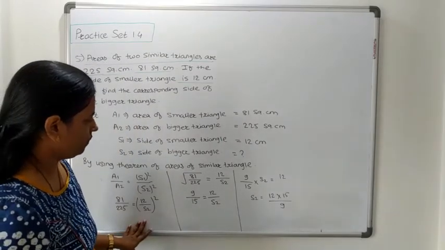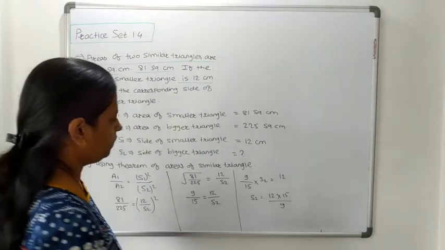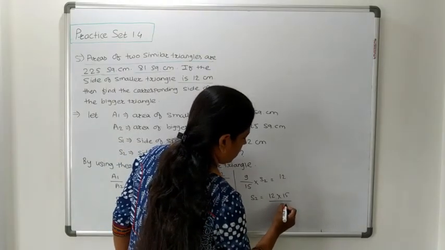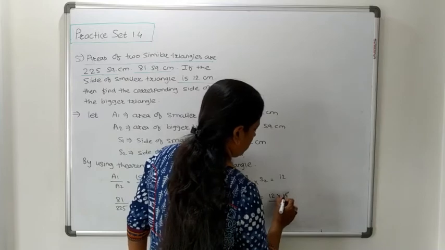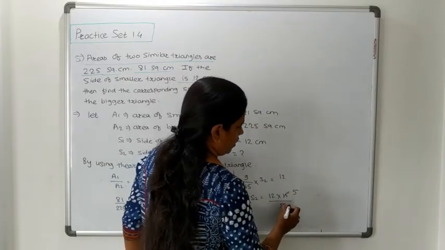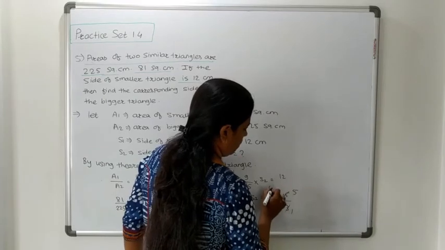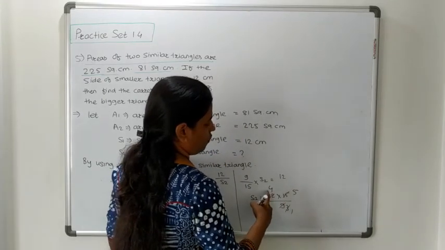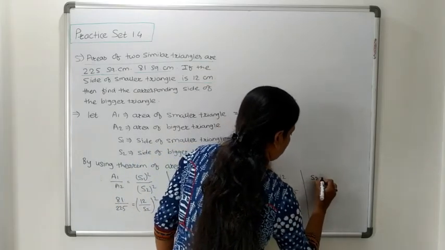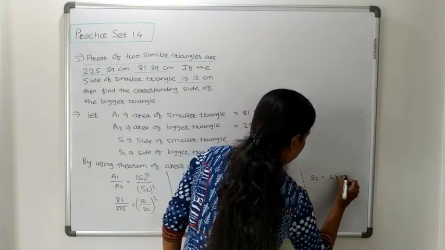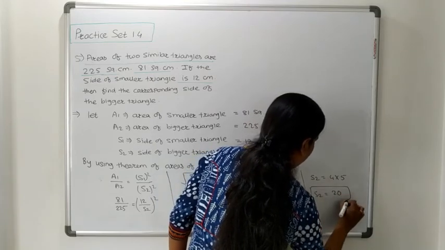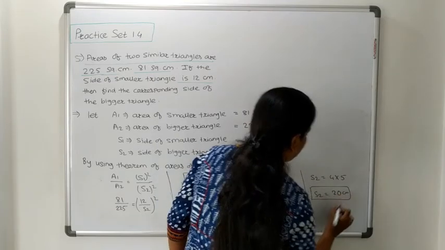Now we have to cancel this out. 3 3s are 9, 3 5s are 15, 3 1s are 3, 3 4s are 12. So 4 into 5, S2 is equal to 4 into 5, that means the S2 value is 20. So this is your answer.